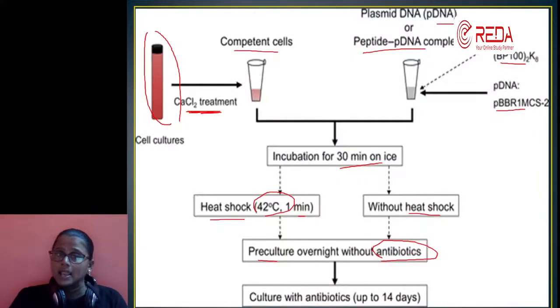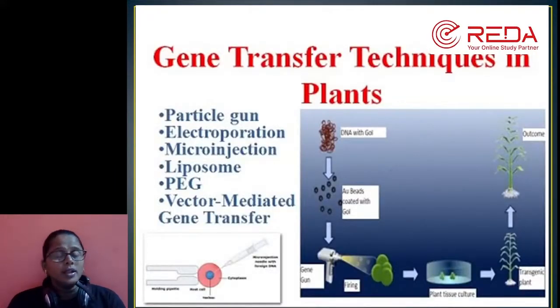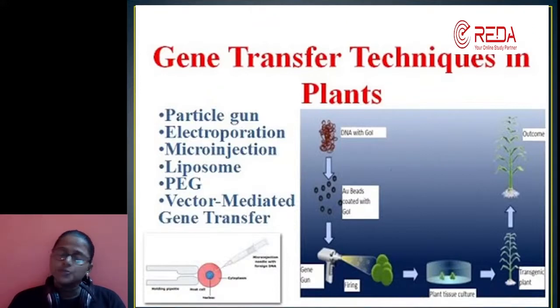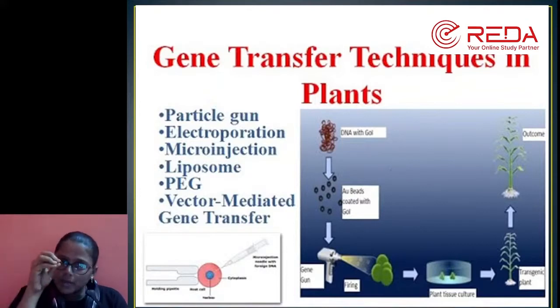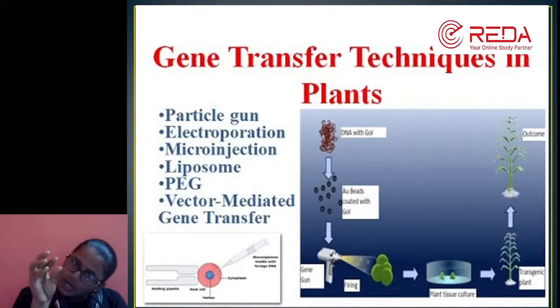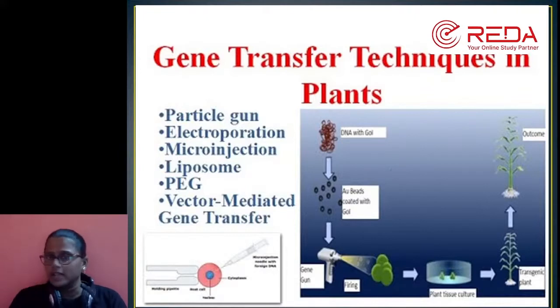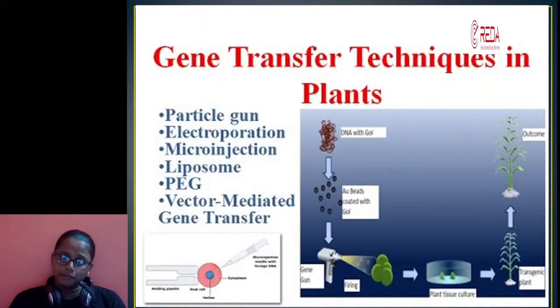But if you are doing it in a multicellular organism, especially a plant, then you require a specially advanced technique to do this gene transfer. So you are going to put the gene just by making an opening in the plant, putting it inside, and closing it. Imagine it like that. As imagined, it is not that easy, of course.